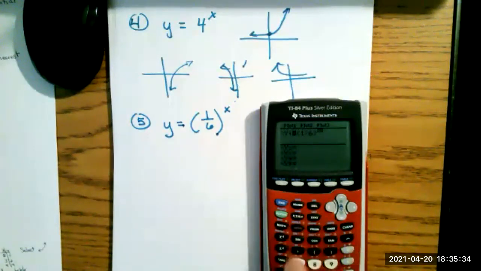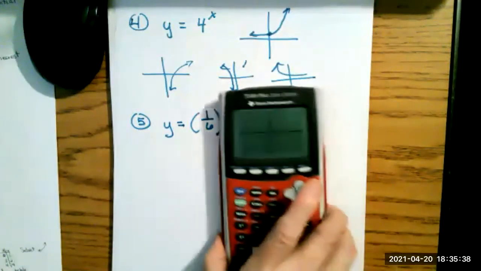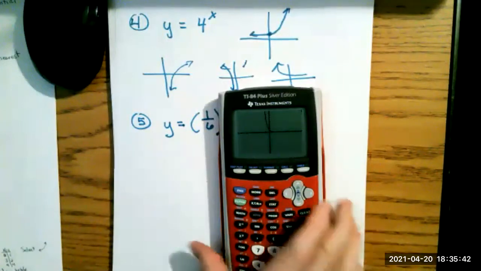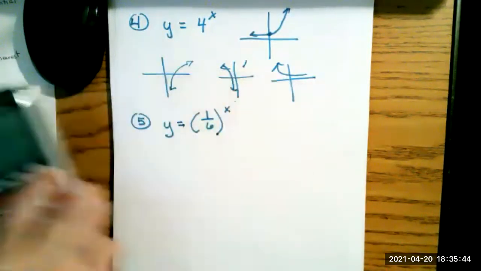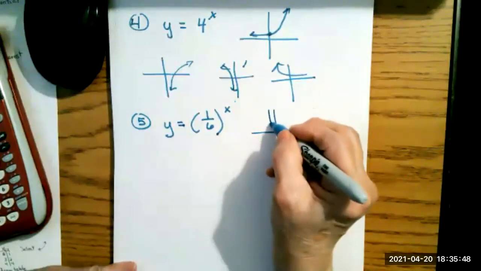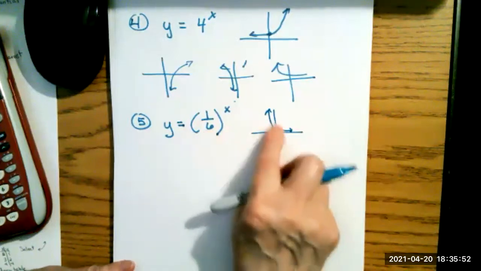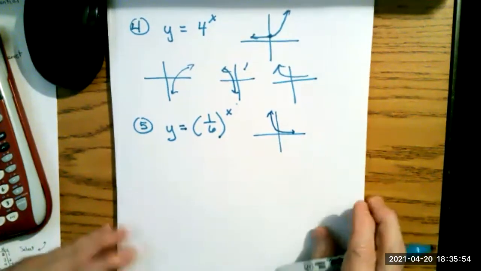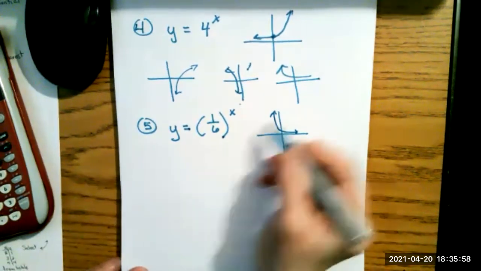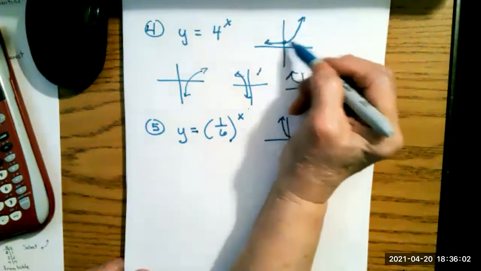It comes from the top down. It still goes through the 0, 1 point, but it's going to come this way. And the reason it's so steep is because that's a 6. It's even steeper than the 5 was. But the fractions will come this way, whereas the whole numbers go up this way.